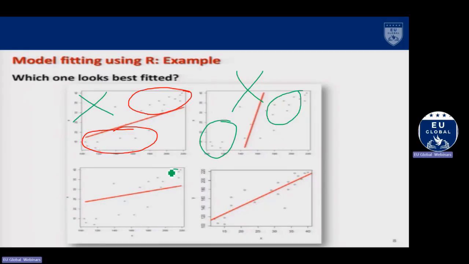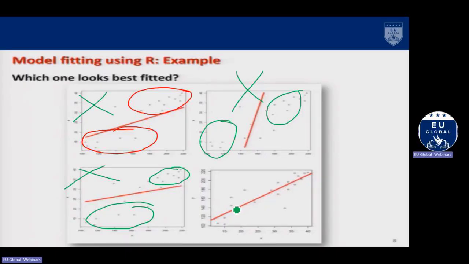Similarly, in this one, the data is scattered everywhere on the graph and is very far away from the fitted line. Therefore, this is also not the best fitted line. But in the last case, a lot of data lies very near to the fitted line.